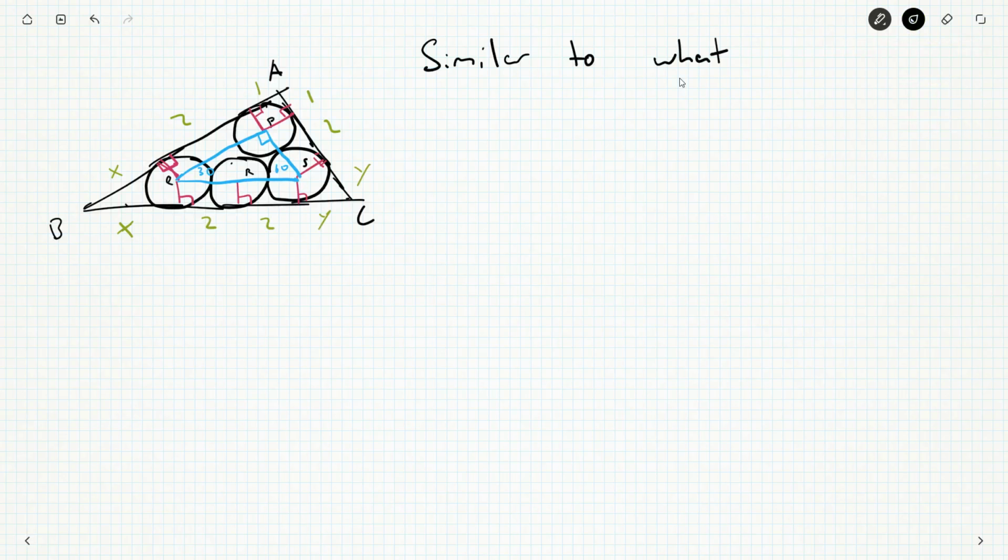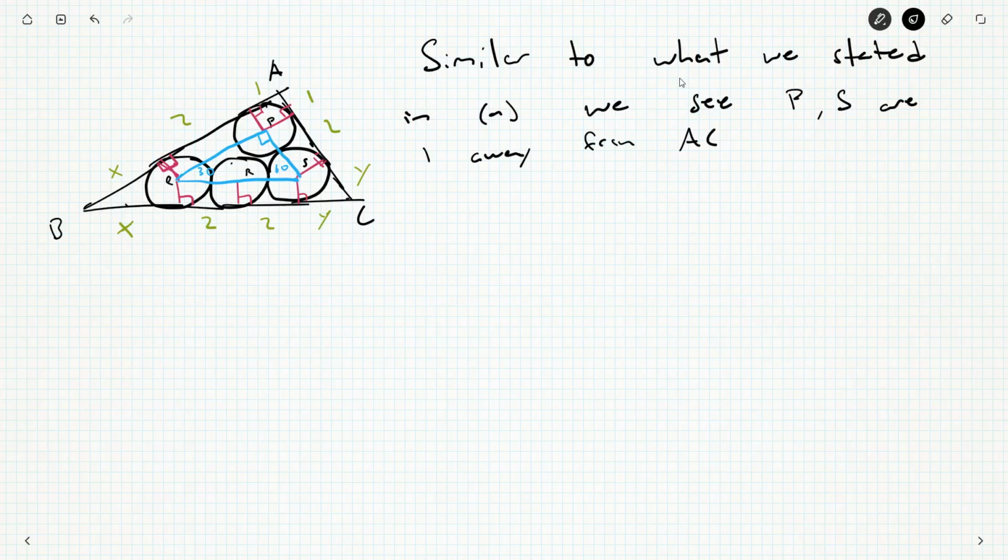so similar to what we stated in A, we see P and S are one away from AC, therefore PS parallel to AC, and likewise PQ is parallel to AB.